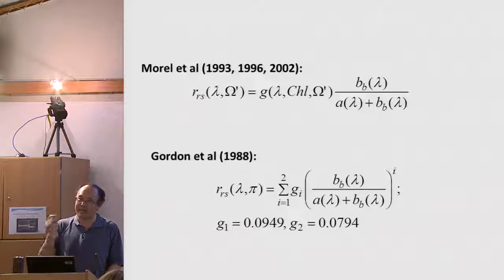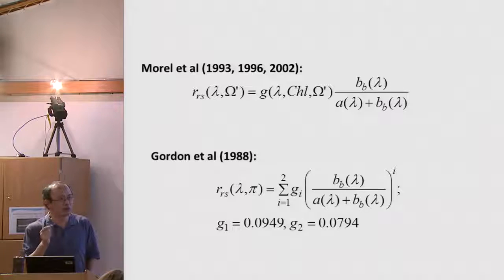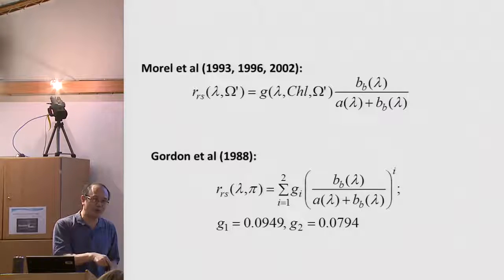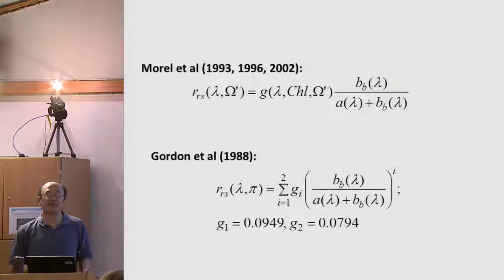Remote sensing just cannot have a relationship to the beam attenuation coefficient. It's related to the backscattering coefficient, not to the total scattering coefficient. Simply because the strongest scattered photons go forward, and those photons have no or very limited information going back to a satellite. Remote sensing just cannot feel those forward scattered photons.